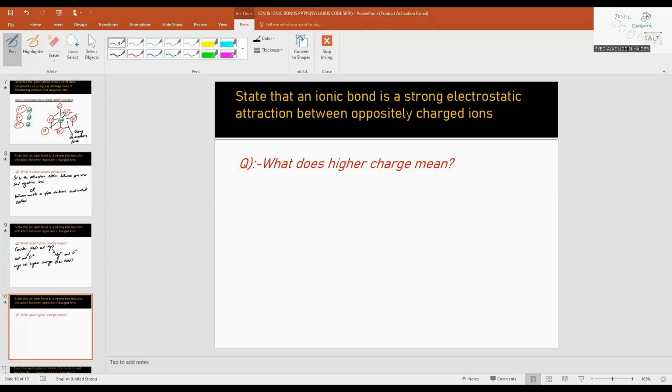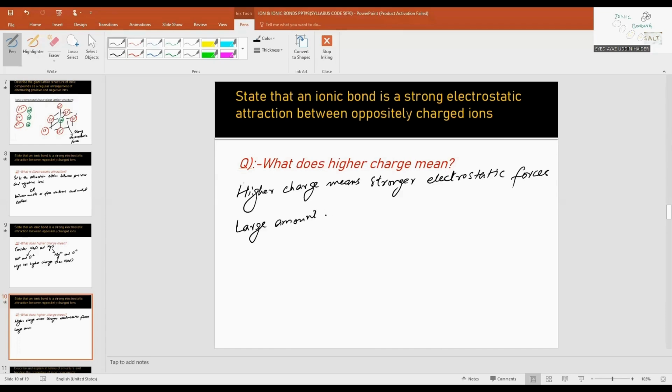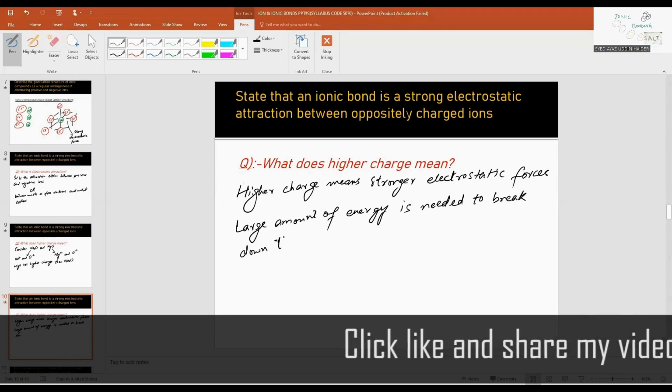Now, what happens if one ionic compound has a higher charge than the other? Higher charge means stronger electrostatic forces, which means a large amount of energy is needed to break down the force.